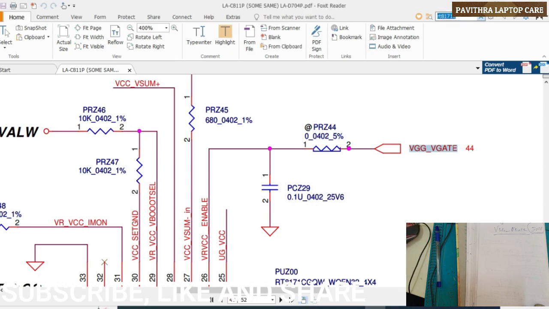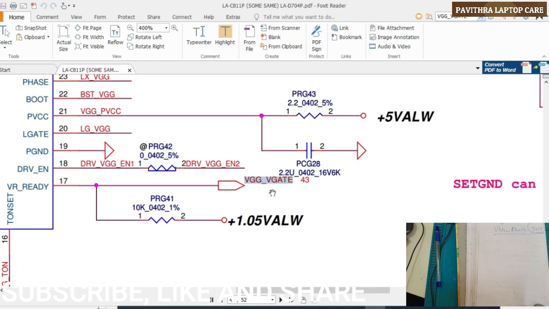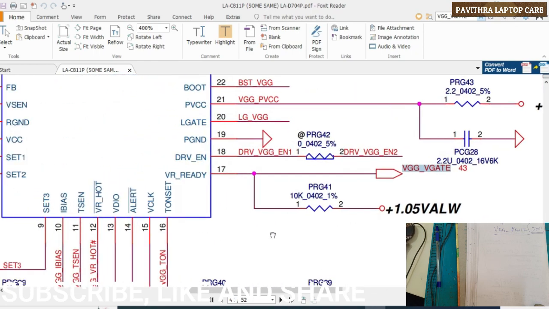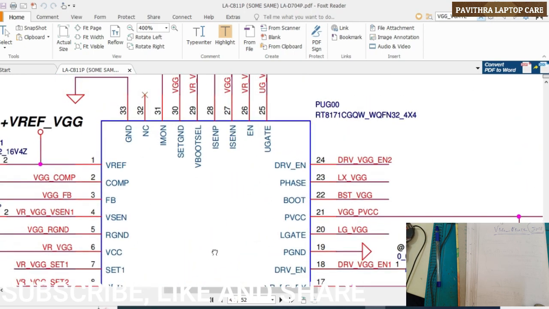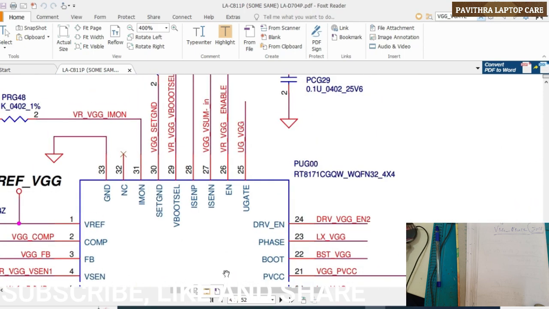We'll copy, paste, search here. Okay, here it's the output, where through a 1.05 pull up it's coming out. This is PUG 00, RT8171C.